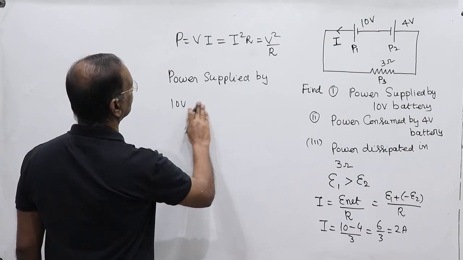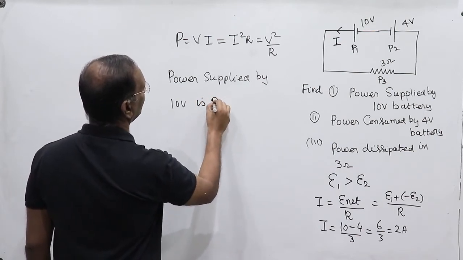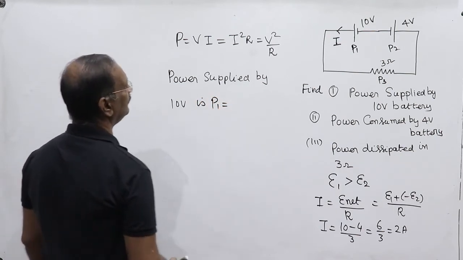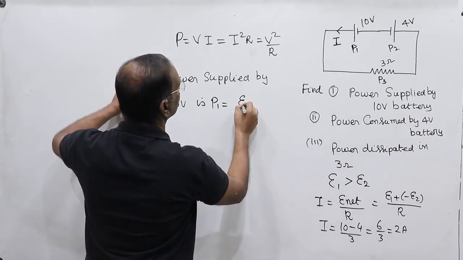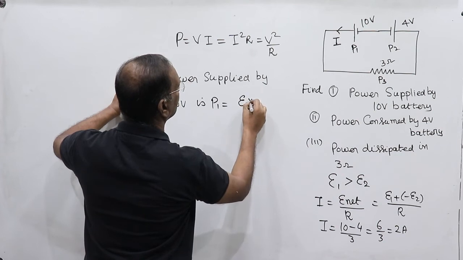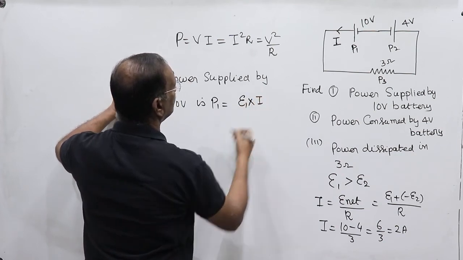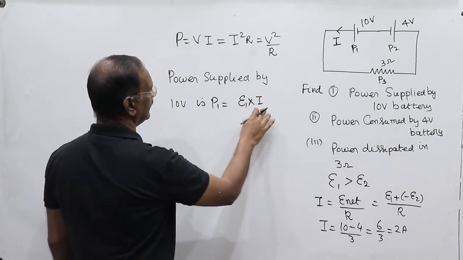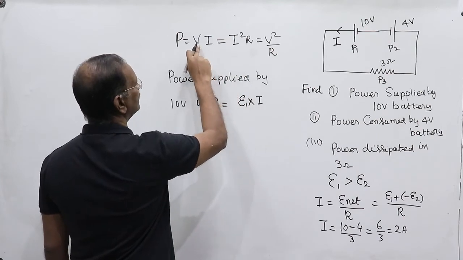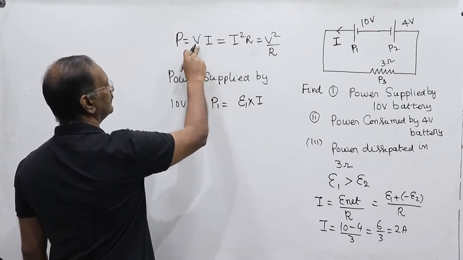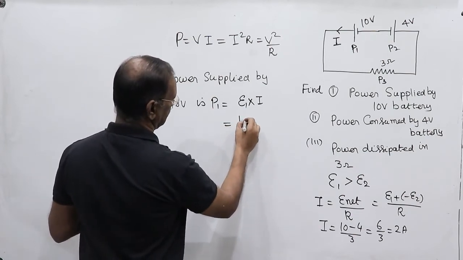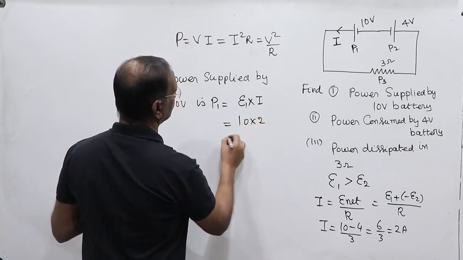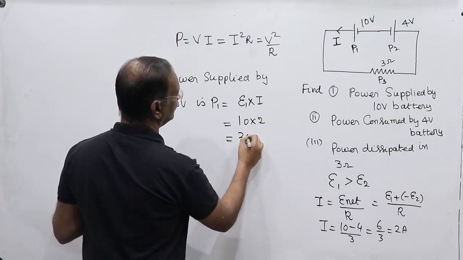Power supplied by 10 volt is P1, which is equal to V into I. For a battery, instead of potential V we use epsilon 1, so it is potential into current. So this is equal to 10 into 2, which is 20 watt.